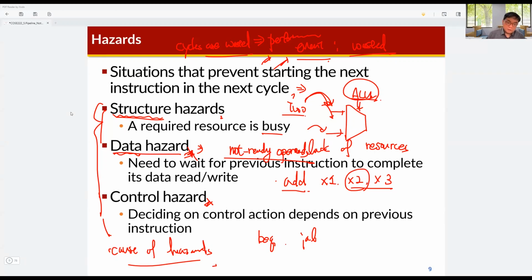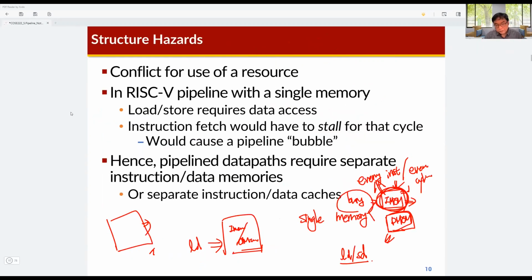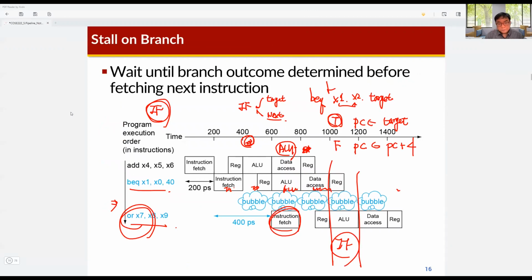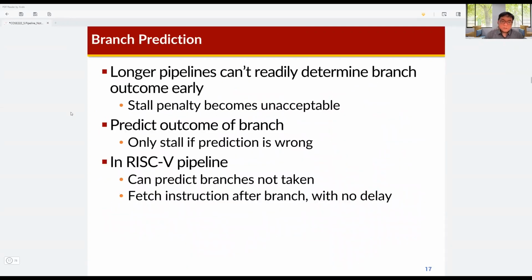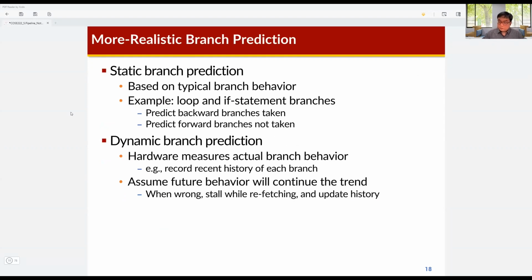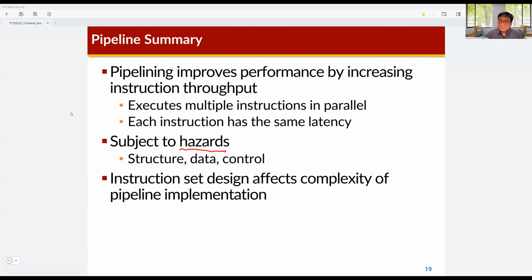Those are data hazards, and then control hazards. Control hazards are caused by waste of clock cycles because of control instructions, like branch instructions. These branch instructions change the next PC value. We assume that the next PC is PC plus 4 for RISC-V instructions.